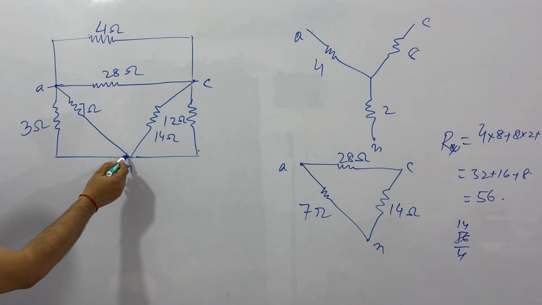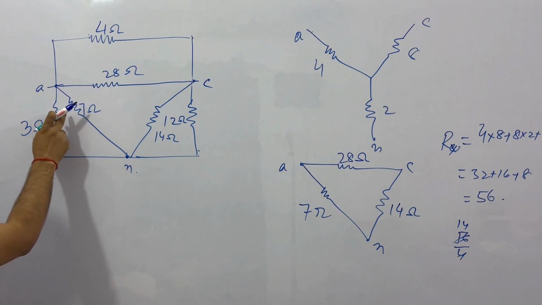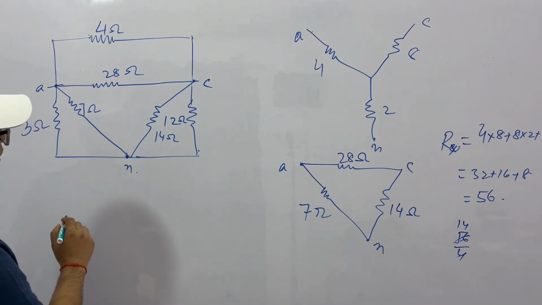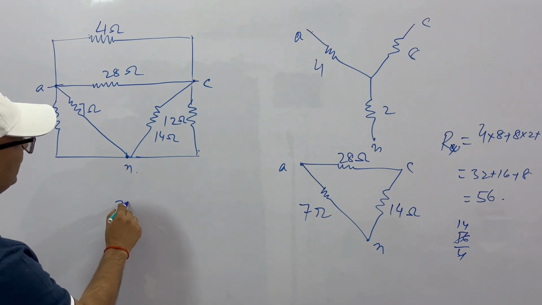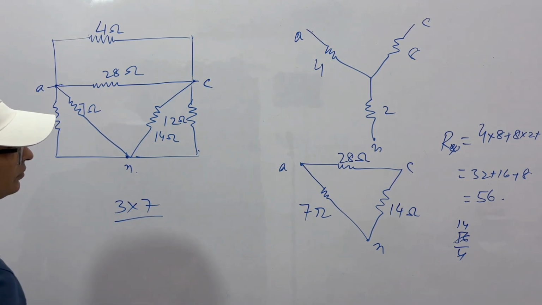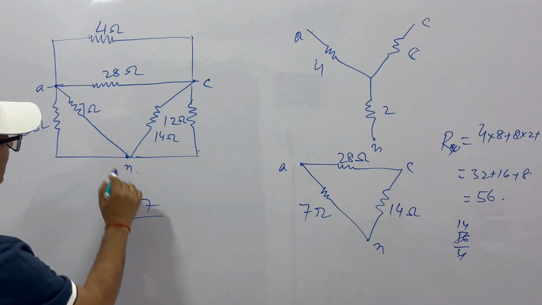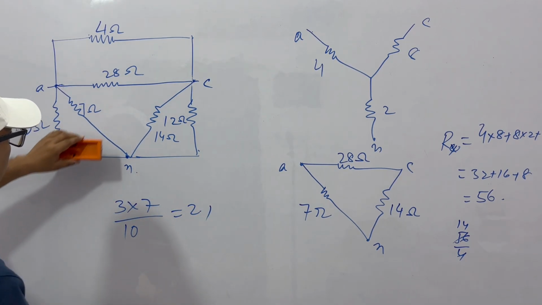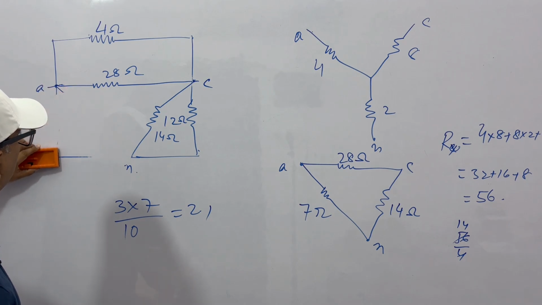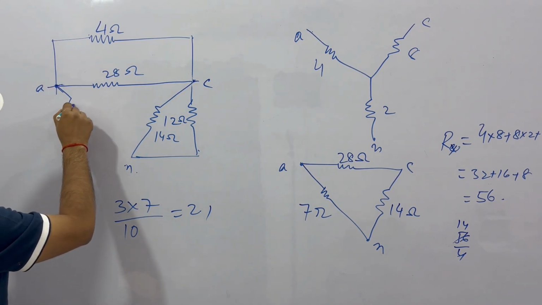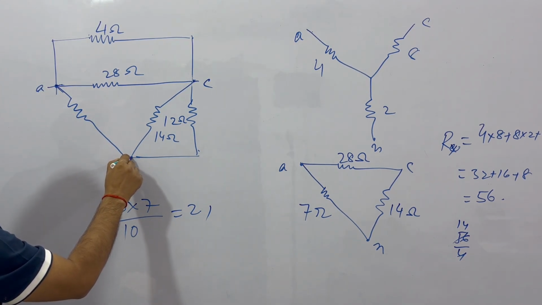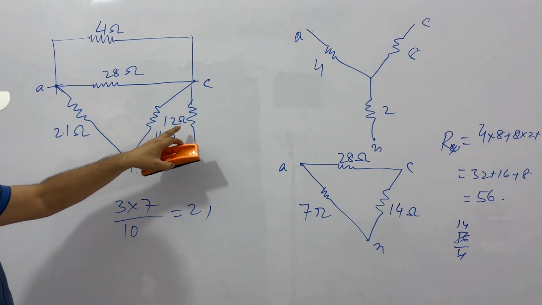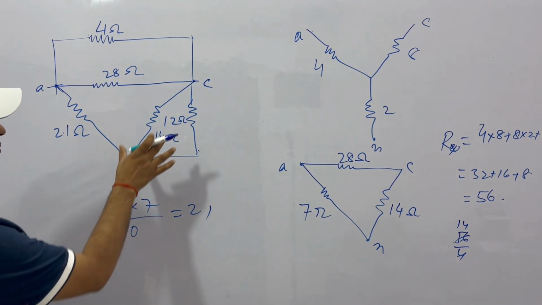Now if you see, these two are in parallel. 3 and 7 are in parallel. When 3 and 7 are in parallel, the equivalent resistor will be 3 into 7 by 3 plus 7, that is 10, that is 2.1. So this can be replaced by a 2.1 ohm resistor. Then this is 14 and 12. 14 and 12 are in parallel.